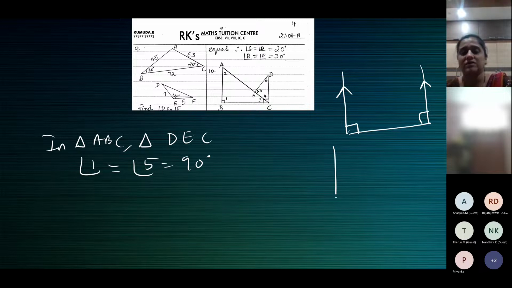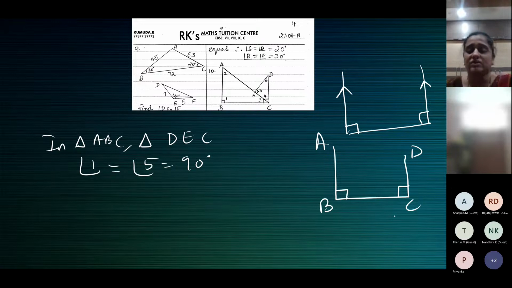See here, you have AB, BC, DC. You have AB here, you have CD here, 90 is given. I'm not marking, it's given. So you can see that co-interior angles are supplementary. That means AB is parallel to CD. That's one way of showing that AB is parallel to CD.